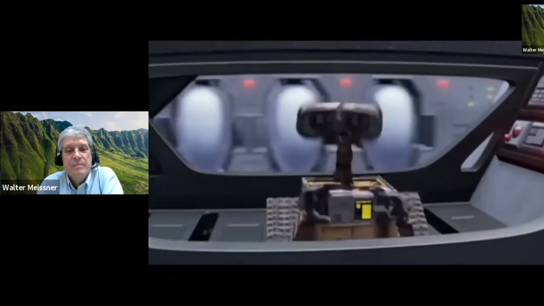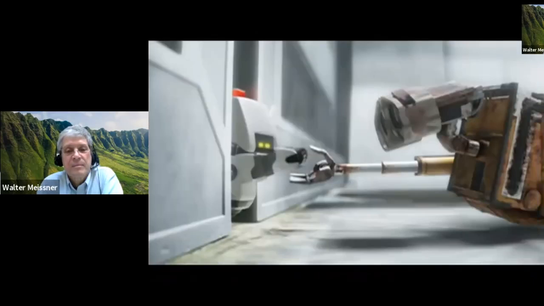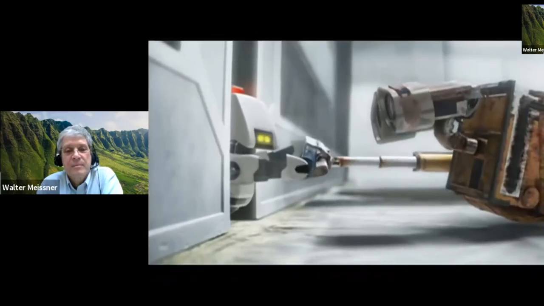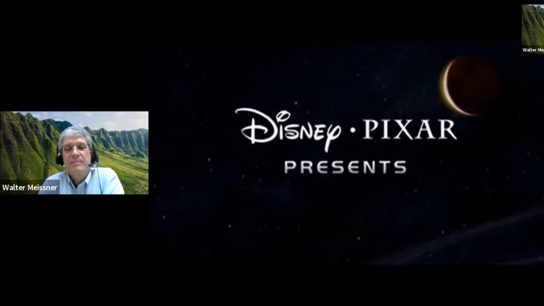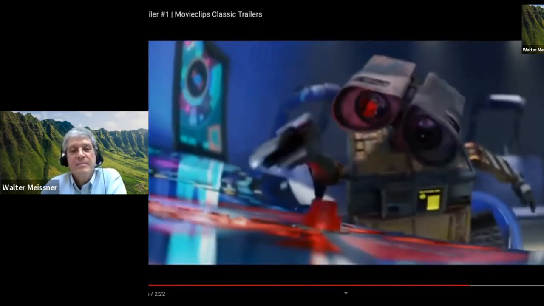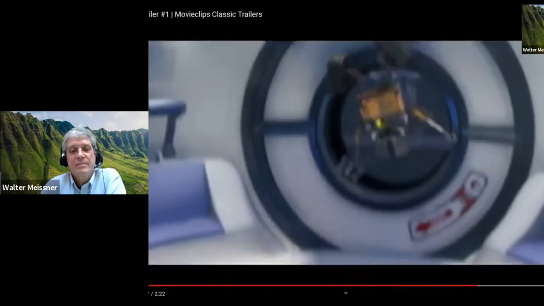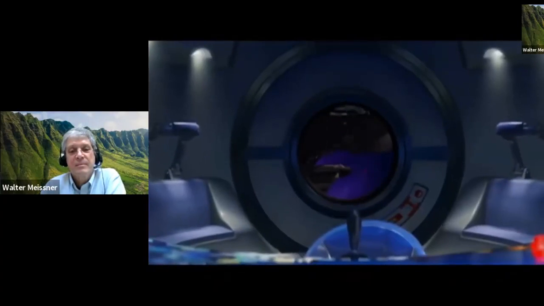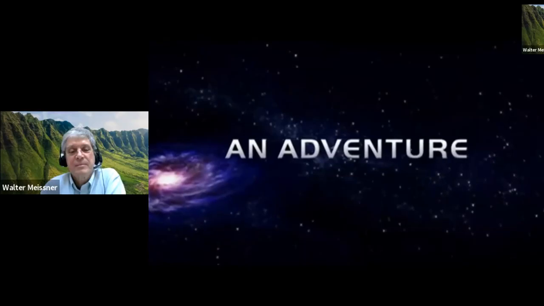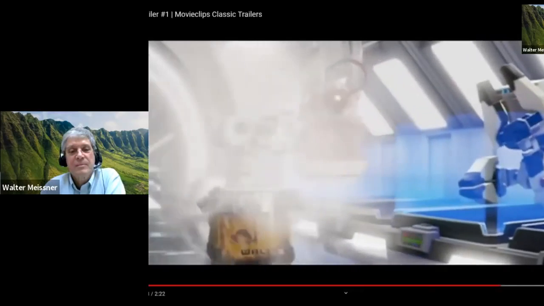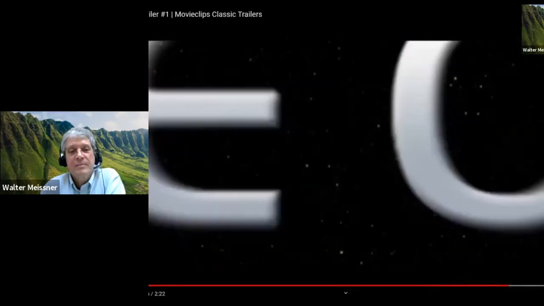Arrest that robot! 10 seconds to self-destruct. You are now free to move around the cabin. Just a tram? You look gorgeous.